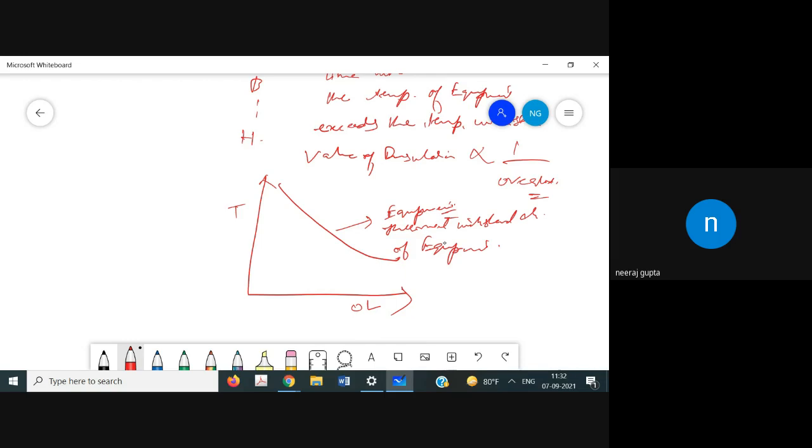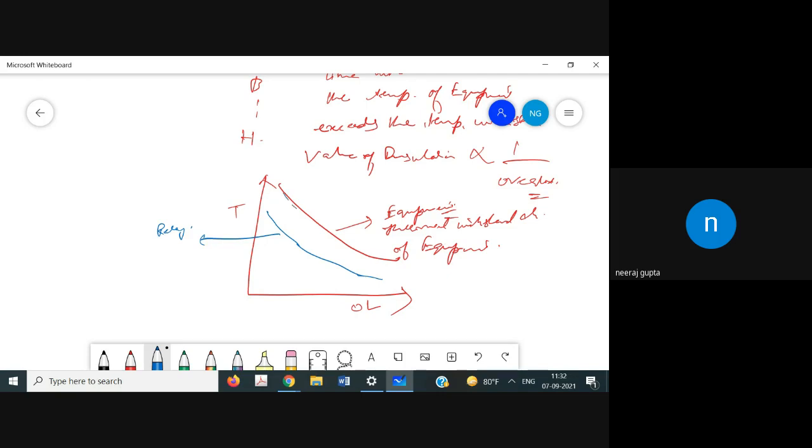If we take the case of the relay characteristics, the relay characteristics would be below the thermal withstand capacity of the equipment. However, we will try to optimize that. If the relay characteristic is far below, much of the space is wasted, and we cannot utilize the whole potential of that equipment.